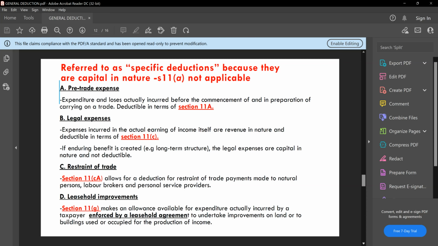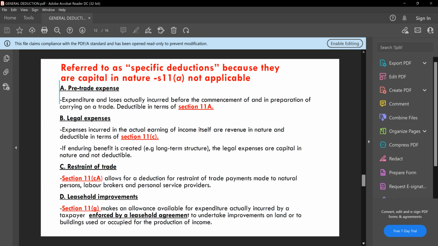open a shop, right? You want to open a shop, and you go ahead before operating the shop. You go ahead and pay rent. You pay rent in advance. You purchase some trading stock, etc. So these are expenses and losses that are actually incurred prior to the commencement of trade or in the preparation of carrying on a trade.